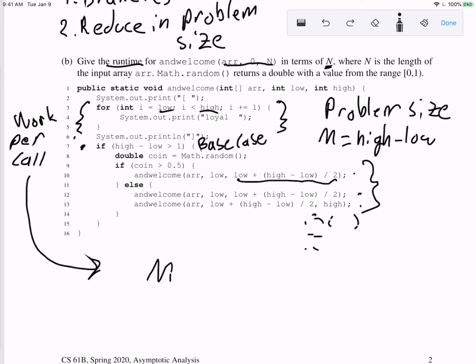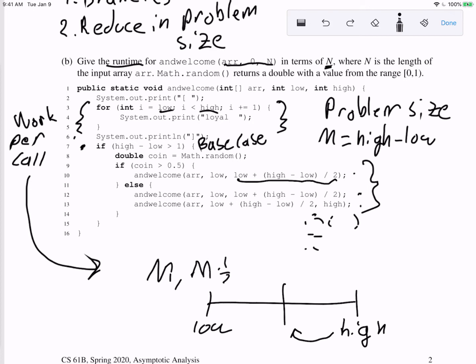So the decrease in problem size is, for example, if this was low and this is high, high is going to change to be the midpoint, the average of them. So m is going to become m times a half, and then m times a fourth, and so on. That's our decrease in problem size.